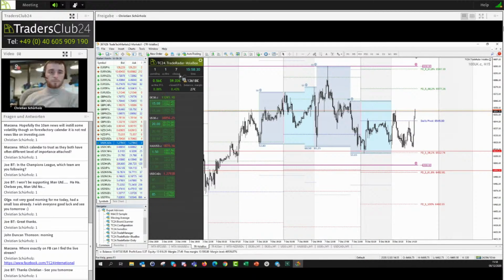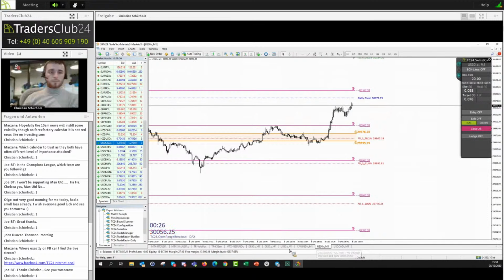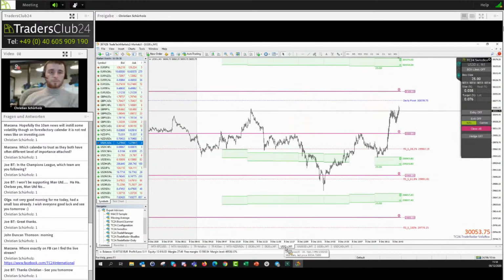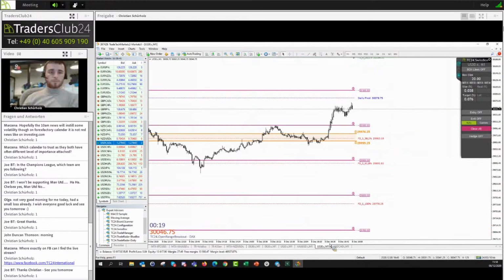So yep, just closed that other trade there. I think it was on the Dow Jones. Can't remember if it was this template or this chart here, but yeah, we've just closed that trade also.